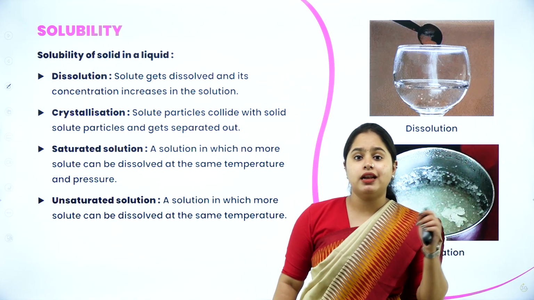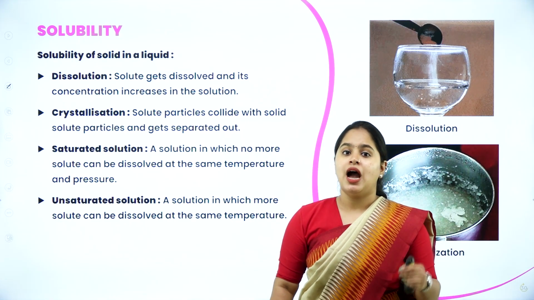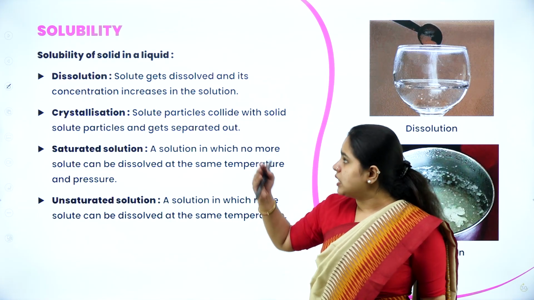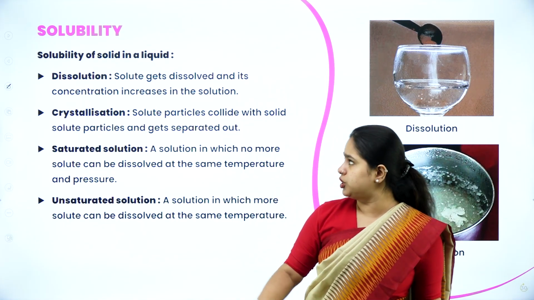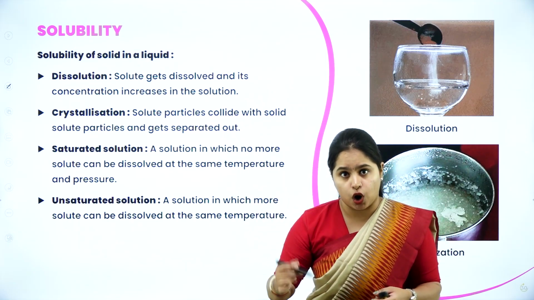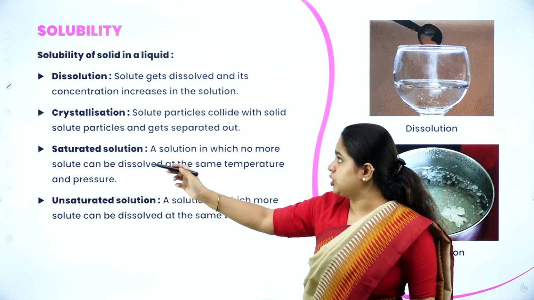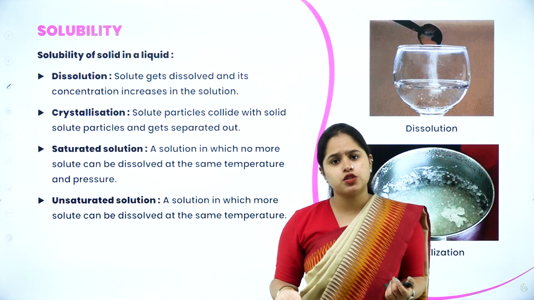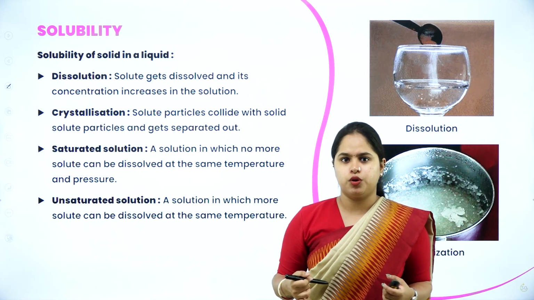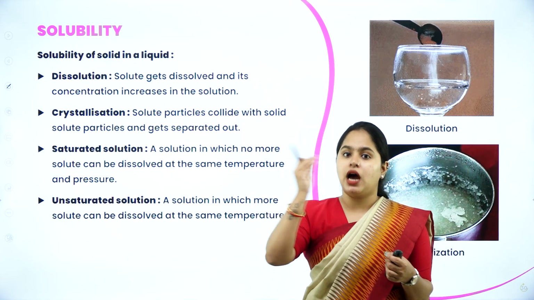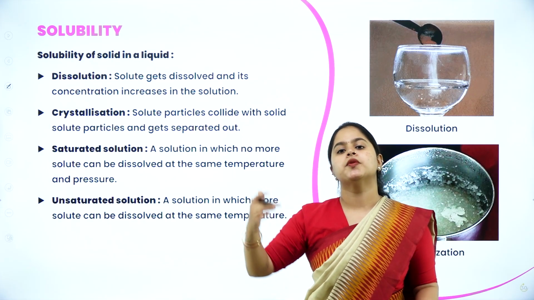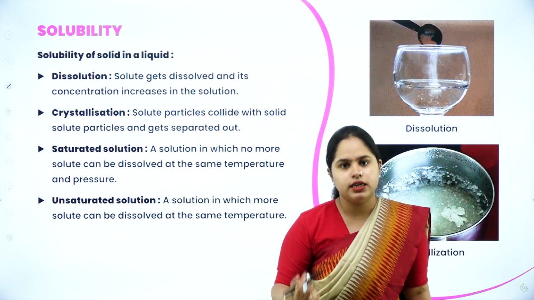The sugar gets dissolved in the solution and the concentration of the solution increases. So that process is called dissolution. We know that concentration is the amount of solute present in the solution. So when I am adding solute, the concentration of the solution also increases.